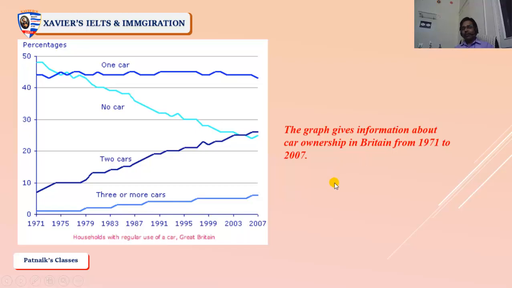So guys, before going to the plan, how to start the introduction, what to include in the overview, or how to plan BP1 and BP2, I would like to show you the band descriptors for the Task 1 write-up, which are available on the net also.